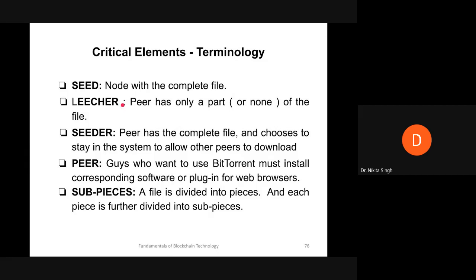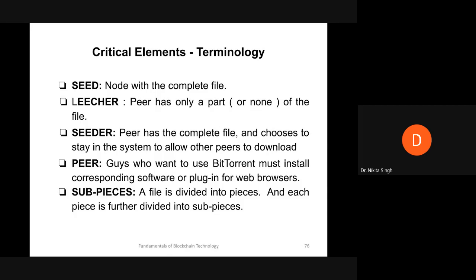Then we have a seeder. A seeder is a peer that has the complete file, and it chooses to stay in the system to allow other peers to download the file.